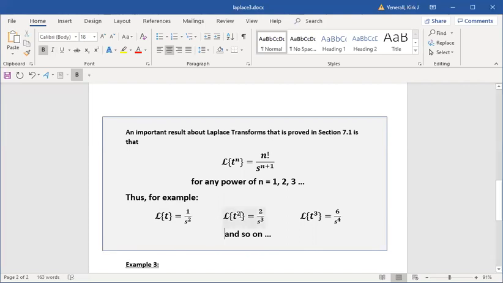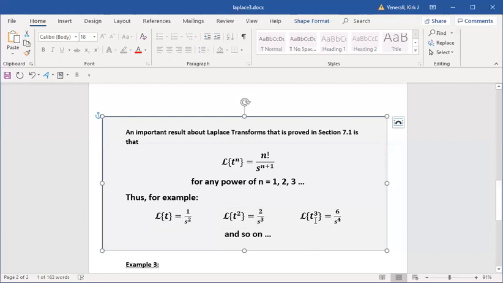If we want to know what the Laplace transform for t squared is, well, since we're starting with the second power of t here, we're going to end up with a third power of s in the denominator and 2 factorial in the numerator. So the Laplace transform of t squared is 2 over s cubed.